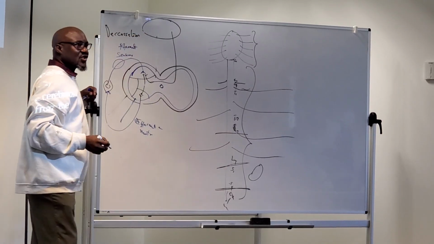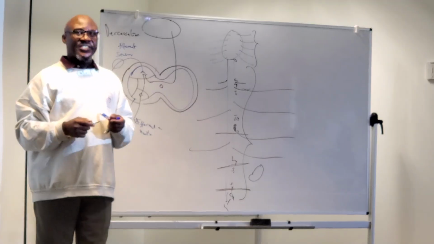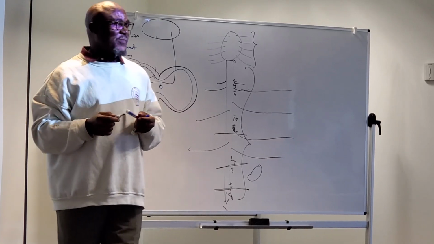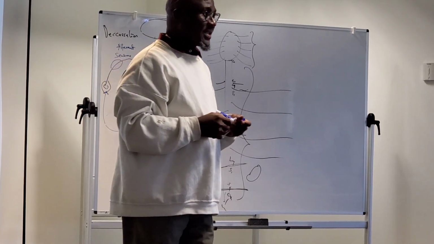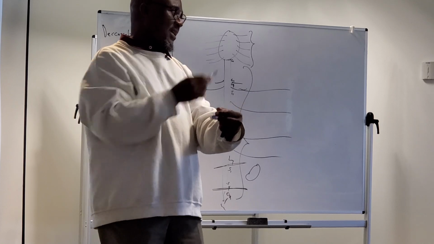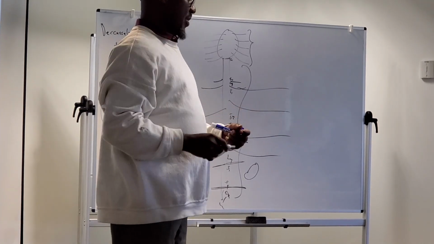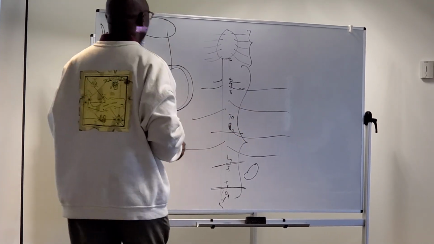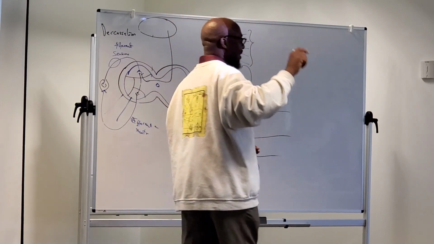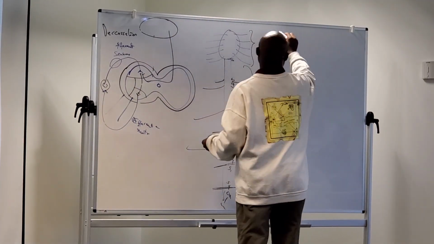When you say that a tract or a fiber has decussated at the level of the spinal cord, it means that it has crossed over to the other side before ascending to the brain. There are 3 tracts that we call the anterolateral system.